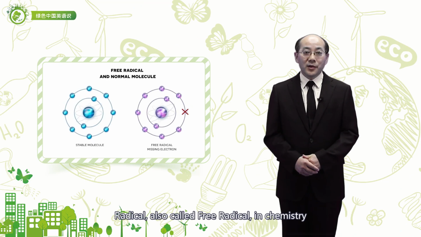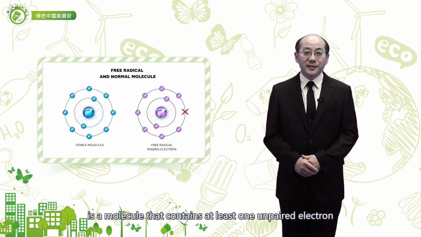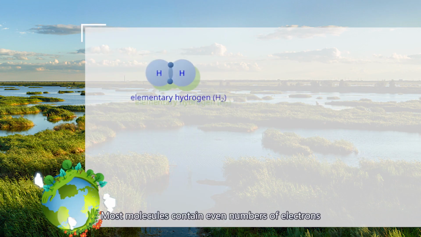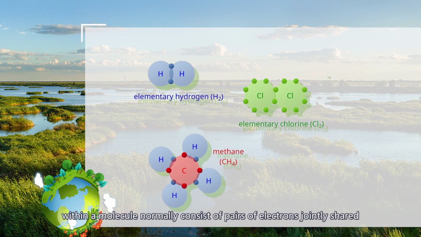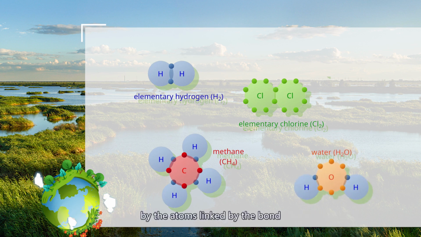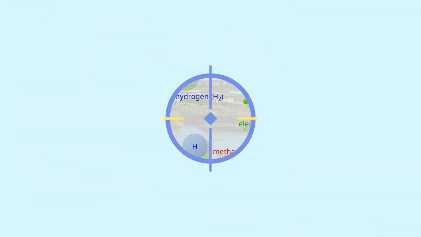Radical, also called free radical, in chemistry is a molecule that contains at least one unpaired electron. Most molecules contain even numbers of electrons, and the covalent chemical bonds holding the atoms together within a molecule normally consist of pairs of electrons, jointly shared by the atoms linked by the bond.